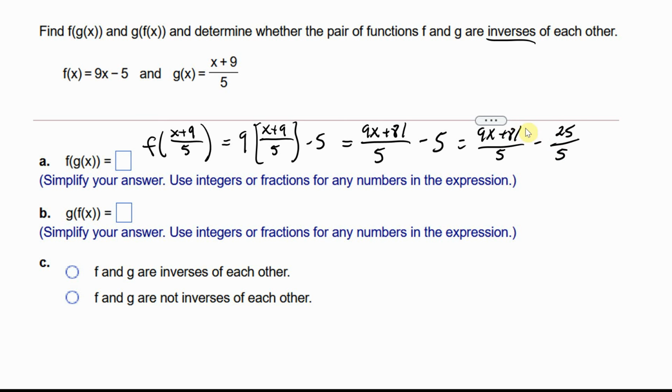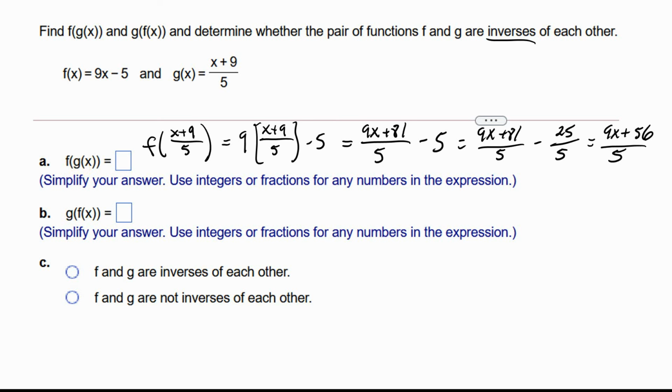So what's 81 minus 25? All right, so that's what f composed with g is.